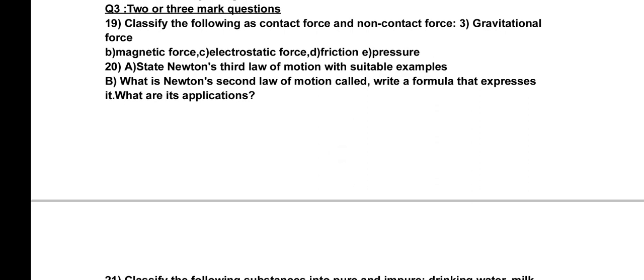20th question. State Newton's third law of motion with suitable examples. Newton's third law states that every action has an equal and opposite reaction. One example is when we trigger a bullet from the pistol, the bullet moves forward, but the pistol exerts the same force backward on the hands.